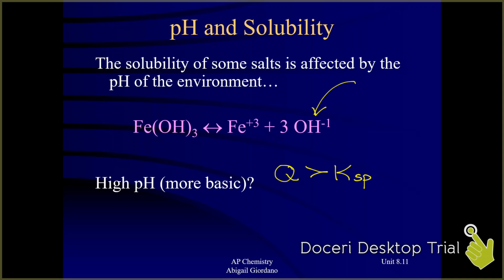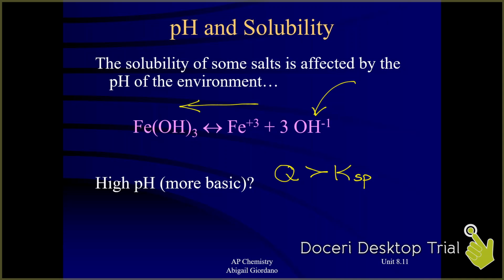Let's think back to Unit 7. What does it mean if Q ends up being greater than the equilibrium constant? That means that the reaction will shift to consume product and create more reactant. Well, so what? What does that have to do with solubility?